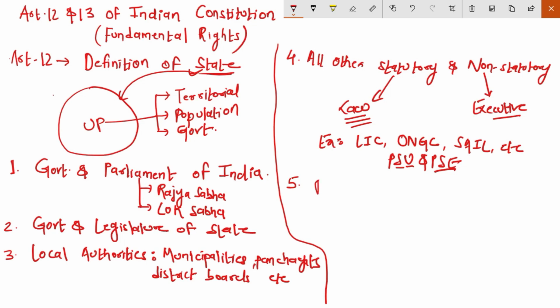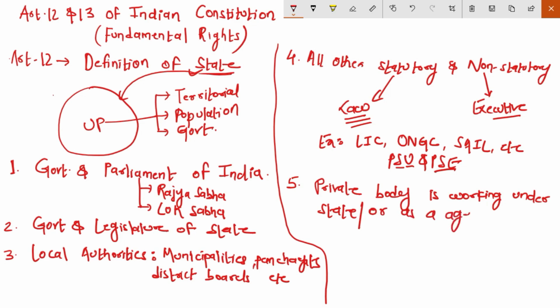That means if any private body is working under the state or as an agency of the state, it also comes under the definition of Article 12. So this is all about Article 12, in which we have read about the definition of the state.